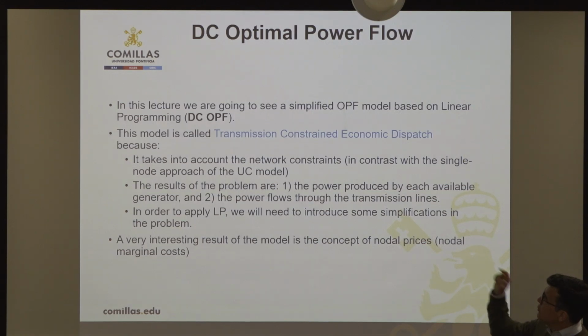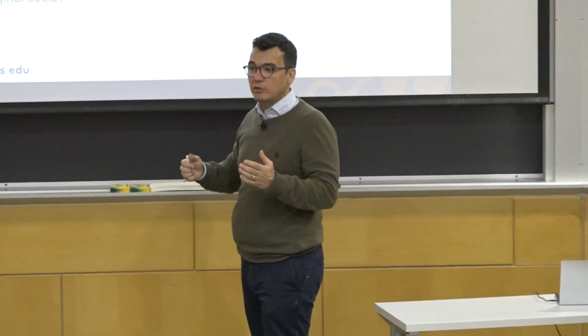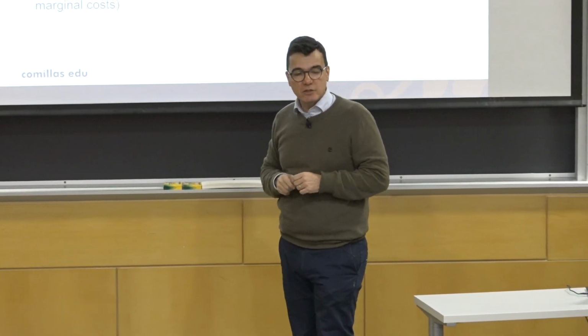So we are going to neglect the flows of reactive power, and we are going to introduce some mathematical simplifications, as I'm going to explain now, in order to be able to optimize the dispatch of my generators while taking into account the limits of my generators.